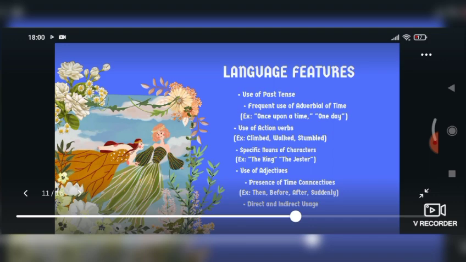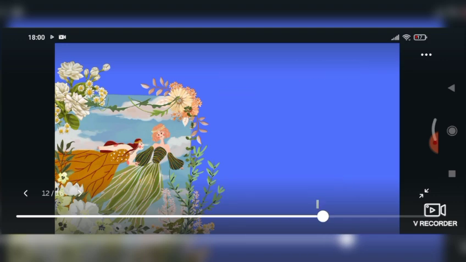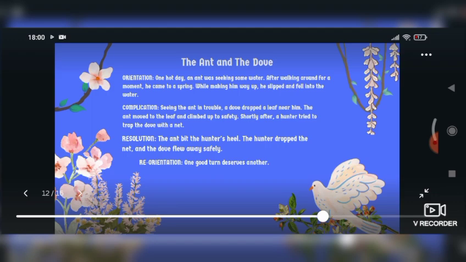Okay, so we jump to the next. Here is an example of narrative writing. The name of the story is The Ant and the Dove. You can see it here on this screen. And I also include all the parts here, like orientation as the first. So orientation is always first. Complication is always in between orientation and resolution.